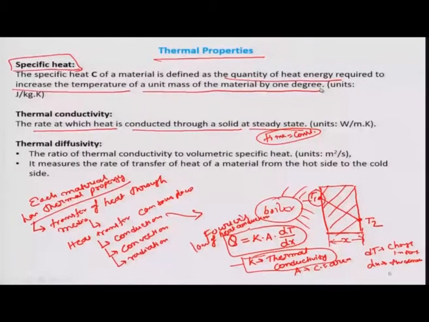It means how much energy is required to increase, suppose this is your part, one sample is there at a temperature of 10 degrees Celsius, and if you are heating this sample and the temperature gets increased to 11 degrees Celsius, so there is an increase of 1 degree Celsius. How much heat is required to increase the temperature of the sample by 1 degree Celsius? That amount is the specific heat.